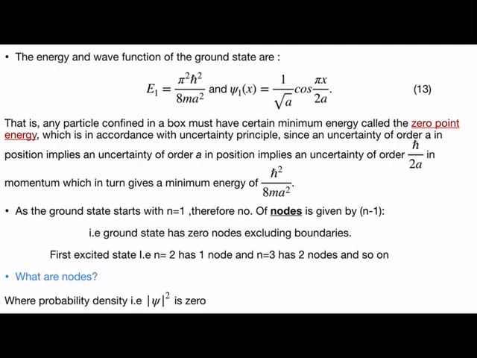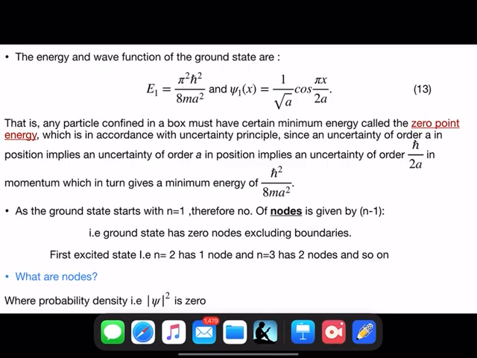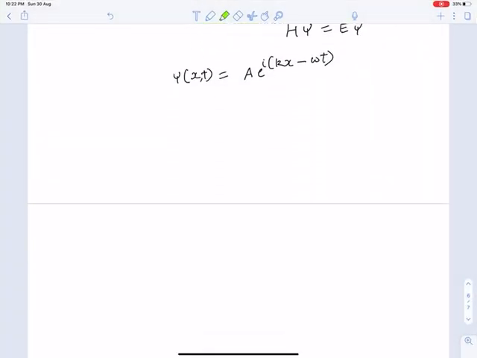Basically any particle confined in a box must have a certain minimum energy, which is called zero point energy, which is in accordance with the uncertainty principle, since an uncertainty of order a, the width a in position, implies an uncertainty in momentum. Like the uncertainty principle we have studied: del x del p is greater than or equal to h cut by 2.